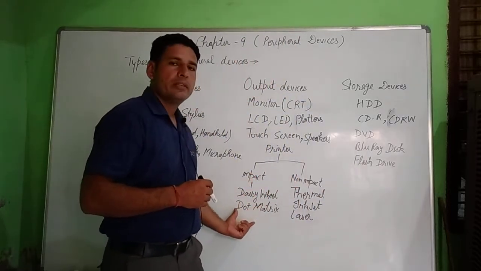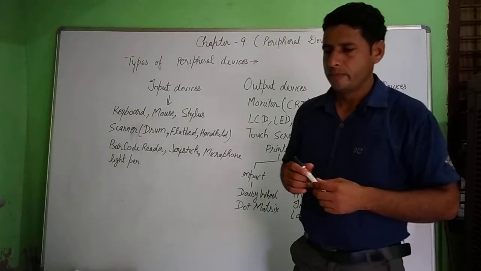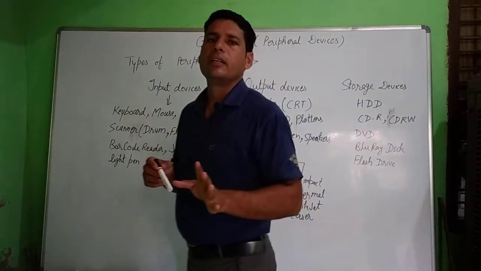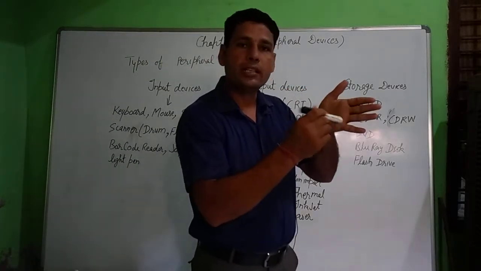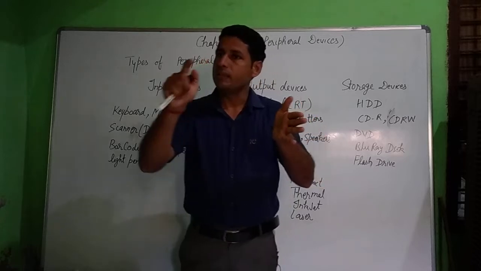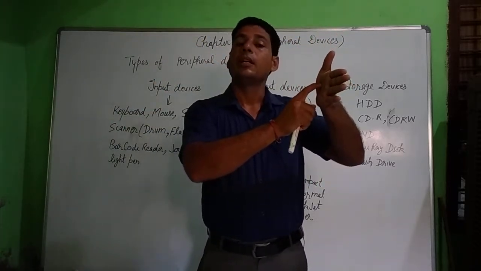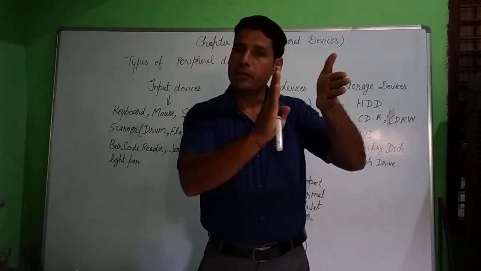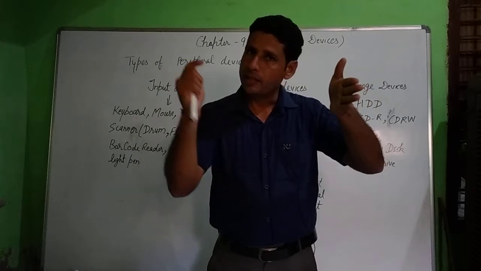Dot matrix printers are basically used to print text. No letter is printed whole there. In dot matrix, letters are printed in the form of dots. So there is a pin and a page, and the pin strikes the page. In the same way there is a ribbon, and the ribbon comes in between the page and the pin.